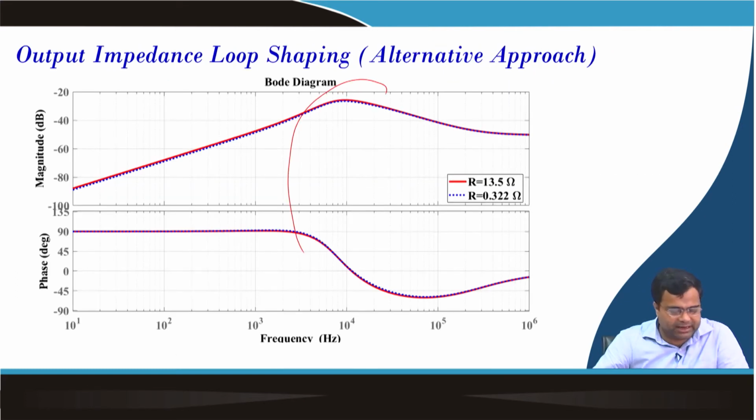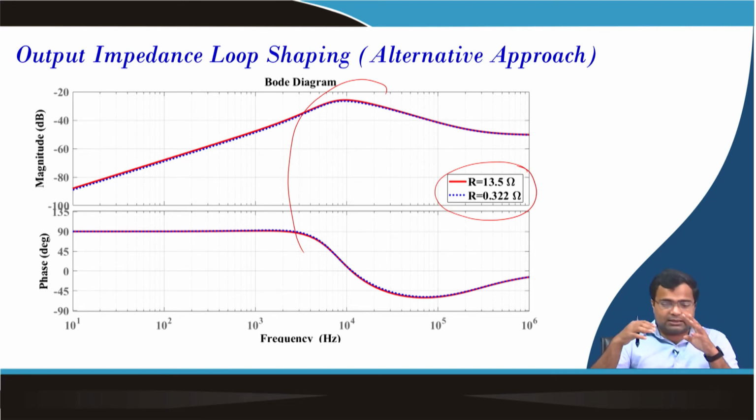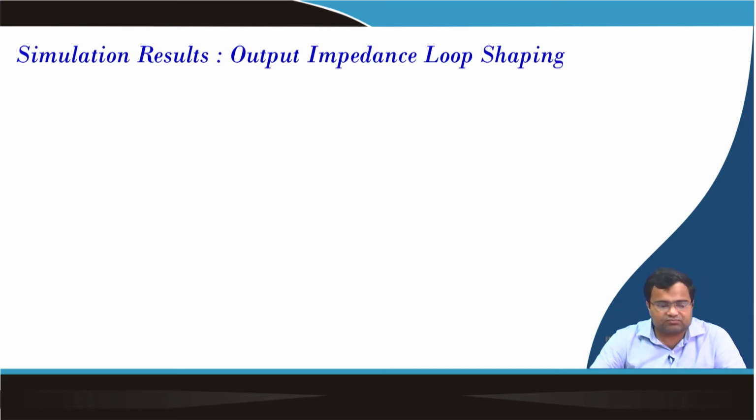But here the roll up is not so sharp, and secondly the output impedance now becomes insensitive to load resistance. That means you can design this method for various load resistances, and the output impedance will be more or less the same. So, you can achieve very nice load transient performance using this alternative approach.